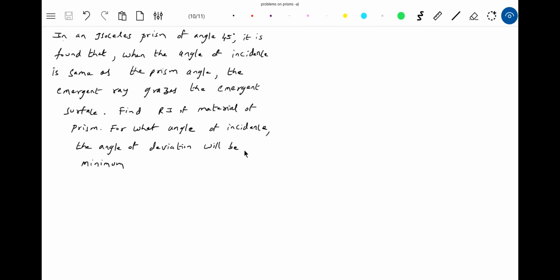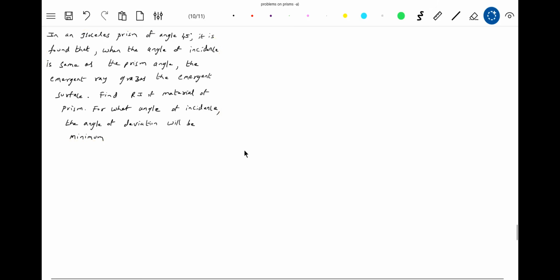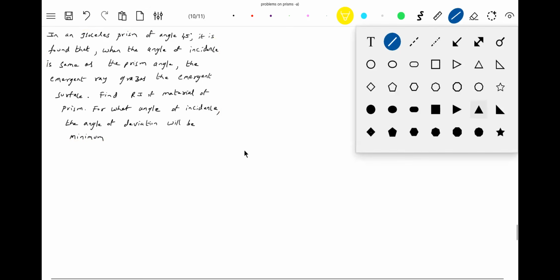That's what I feel. Now, one more again, I brought it. In an isosceles prism of angle 45 degrees, it is found that when the angle of incidence is the same as the prism angle, the emergent ray grazes the emergent surface. Find the refractive index of the material of the prism. For what angle of incidence will the angle of deviation be minimum? Grazes, you see that?